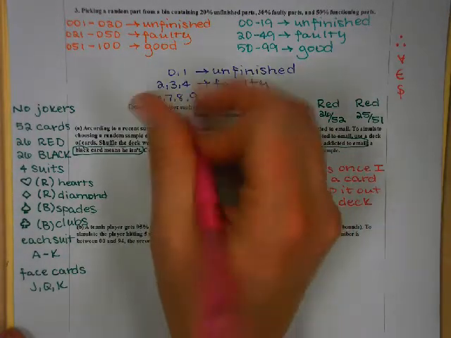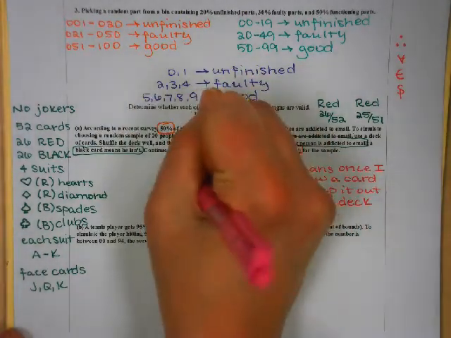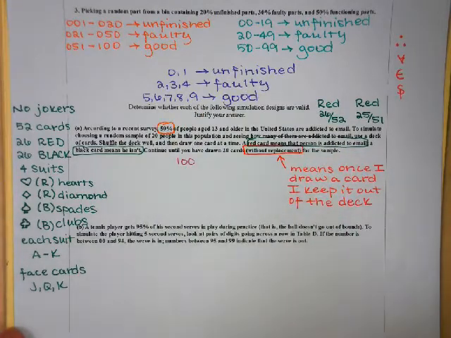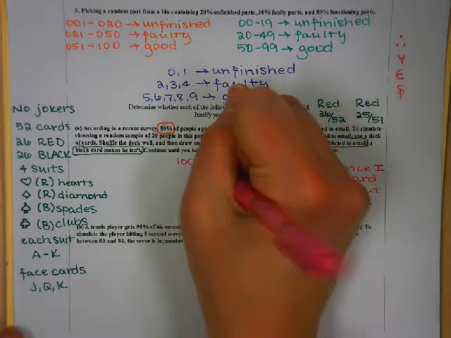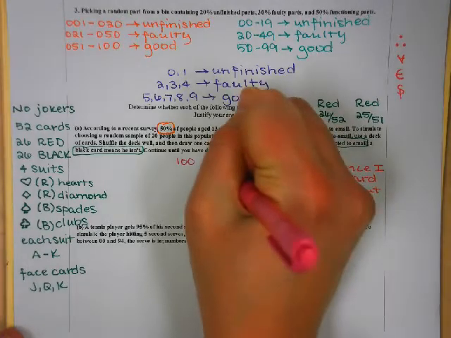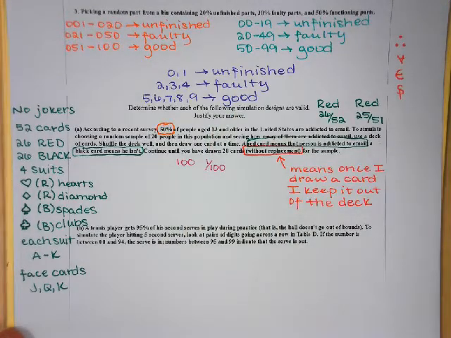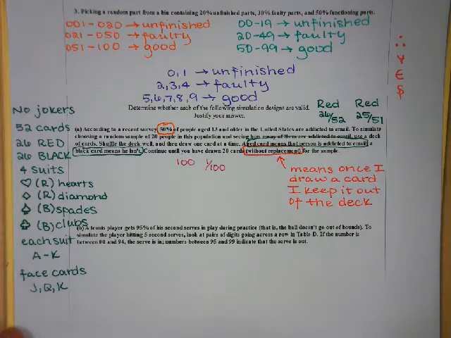Let's say there's 100 people. The probability that I pick Nate, if he's in this population, is 1 out of 100. I don't put him back into the population because I don't want to ask him my survey questions again.